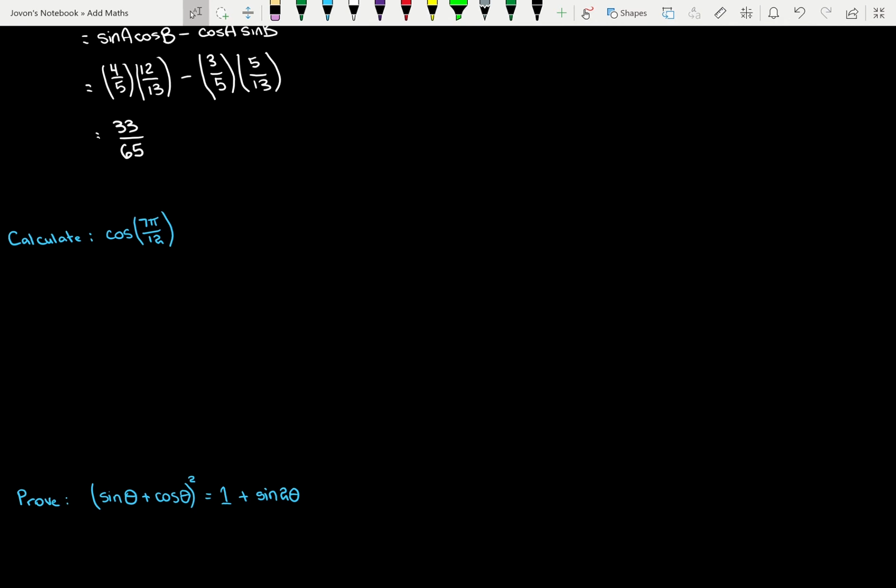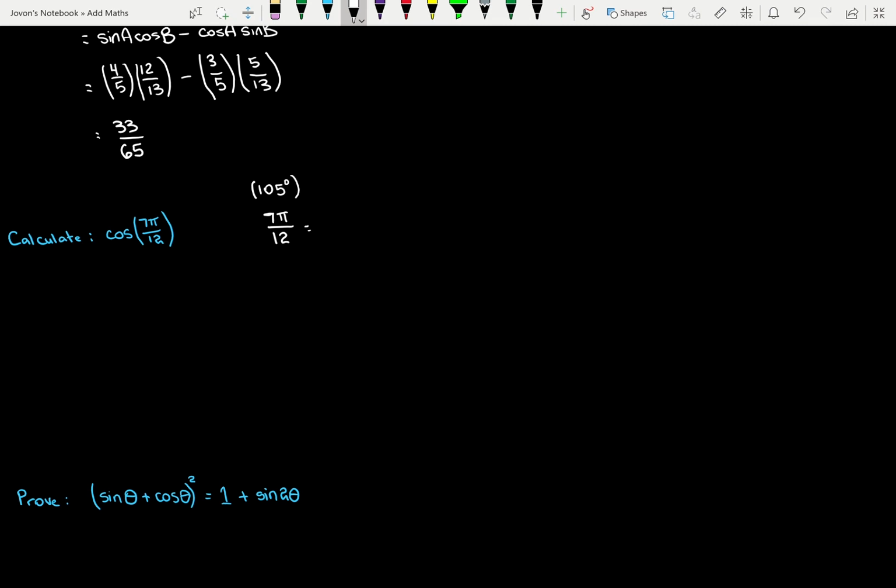Now for a question like this, 7 pi over 12, let's stick to working in radians. If you want to put it in degrees, multiply by 180 over pi, 7 times 180, so this is the same as 105 degrees.